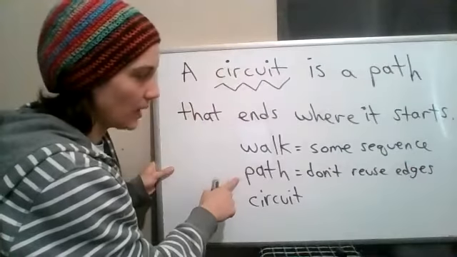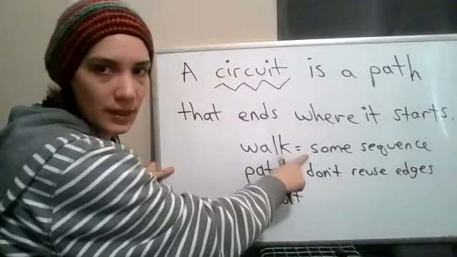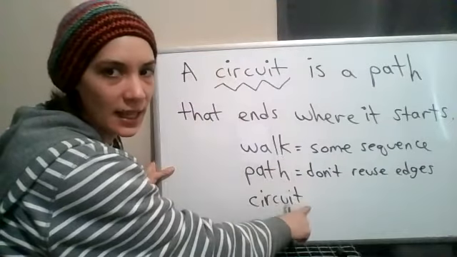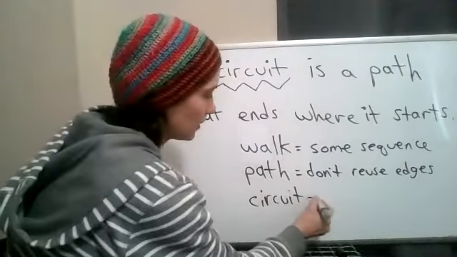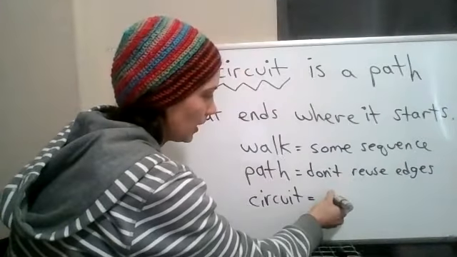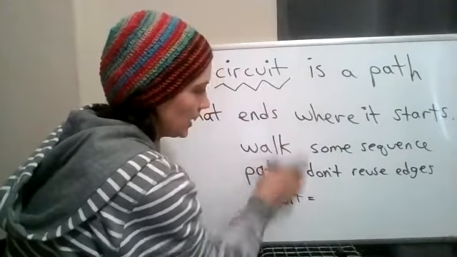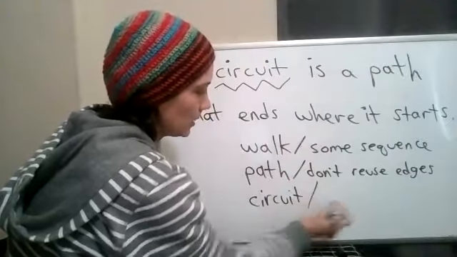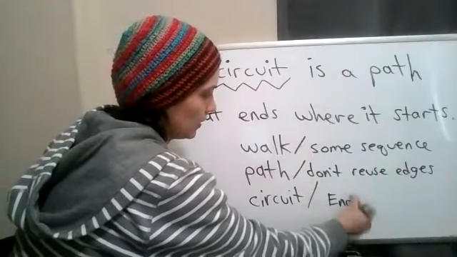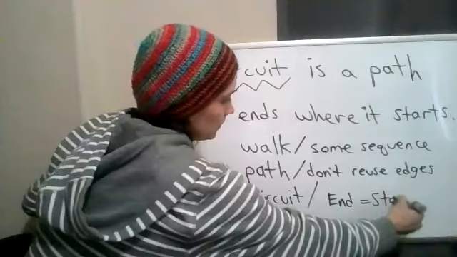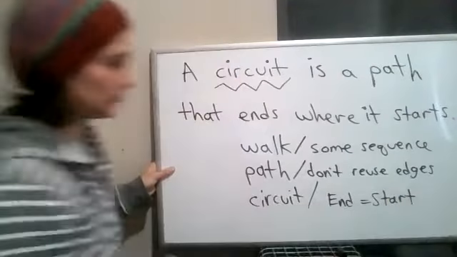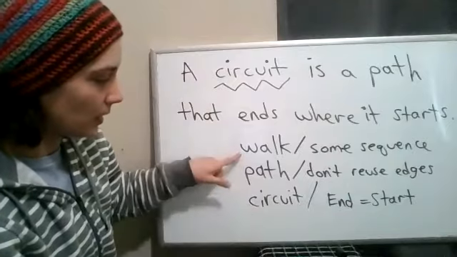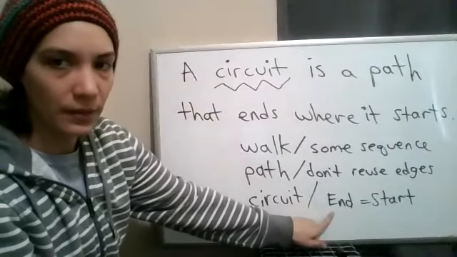And then a circuit is a path. So you have this sequence with vertices next to each other. You haven't reused any edges, and the end is the same as the start. So yeah, circuit has to meet these rules, and that rule.